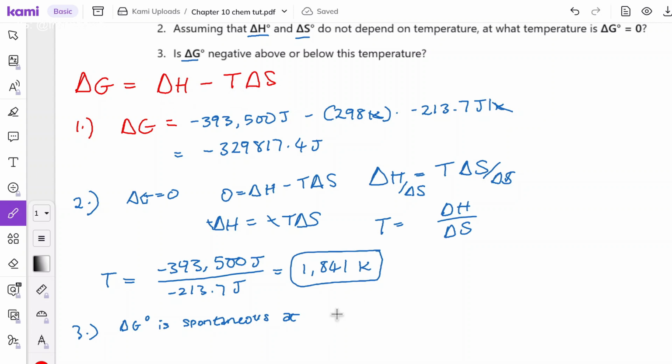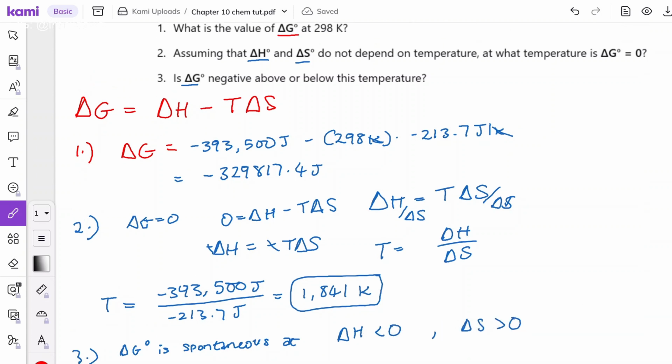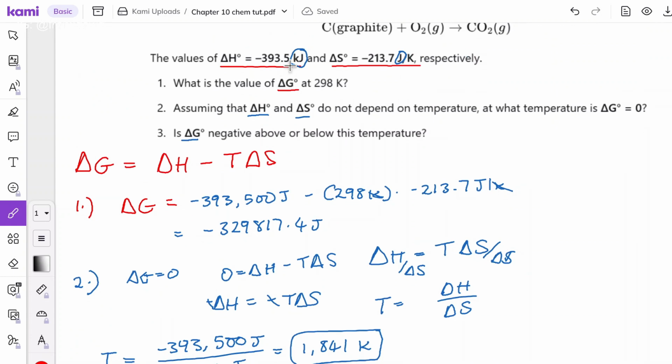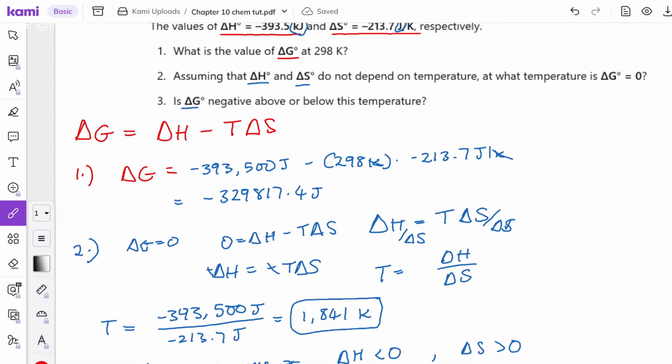So it's going to be negative if delta H is negative and this is positive. And if you look at our numbers, they're both negative. So that doesn't work. If delta H is negative and delta S is negative, then this part of the equation, this is positive, so it's going to be positive.